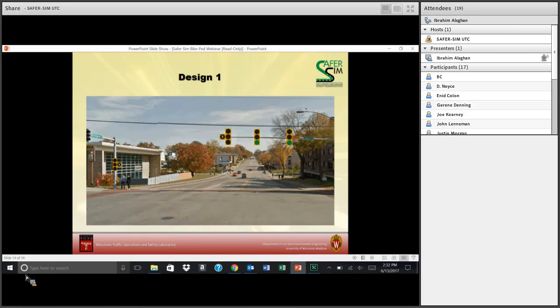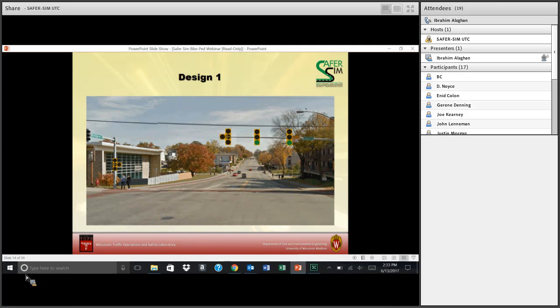So this is design one. As you can see, I want to talk about this design a little bit. In the overhead on the left, you see a flashing warning alternating between yellow arrows and a pedestrian icon.